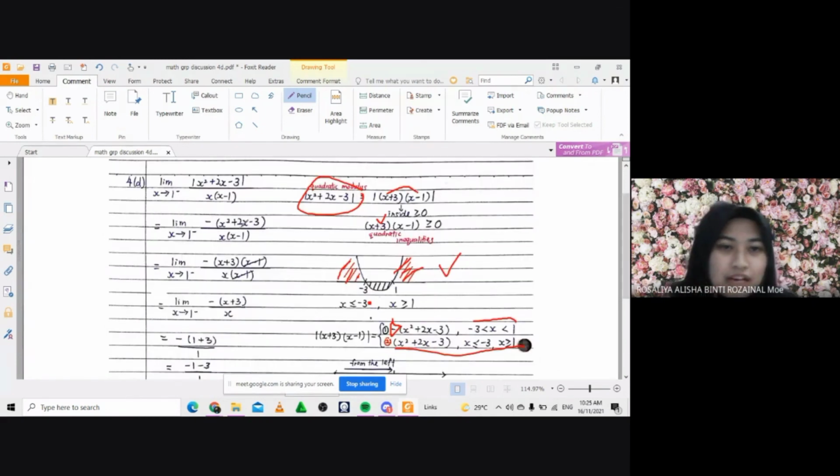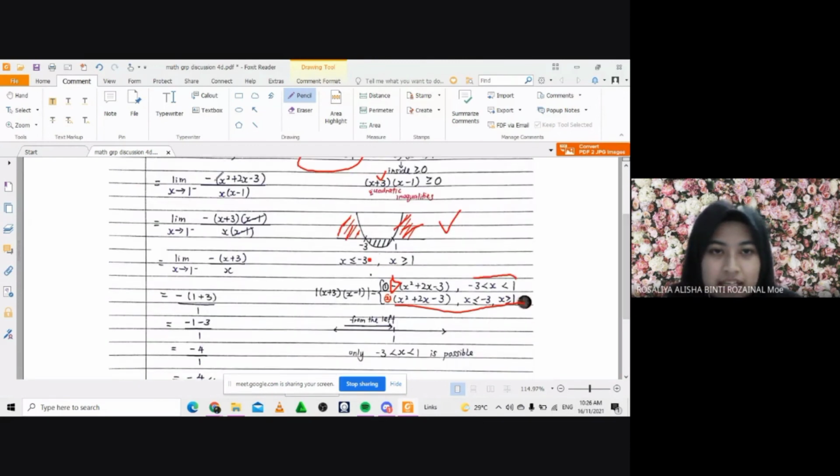So we sub this equation in to replace the modulus, and we copy back the same equation, and then factorize and cancel off the x minus 1 and x minus 1. So we are left with negative outside with x plus 3 and x over x.